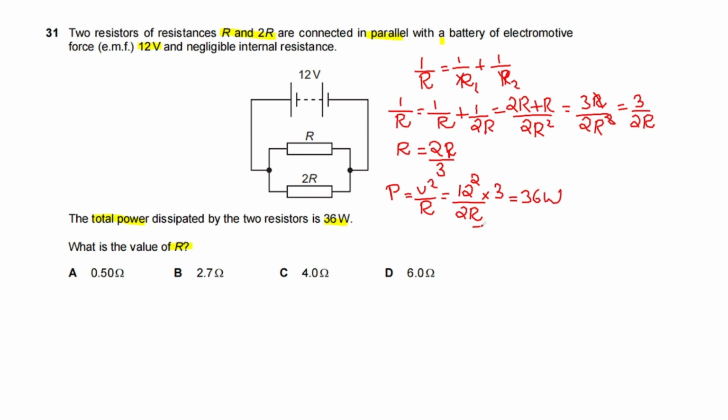We can rearrange to find the R value. So R is equal to 12 squared times 3 divided by 2 times 36. If you do the calculation, the value you get is 6 ohms. So for question number 31, option D is the correct answer.